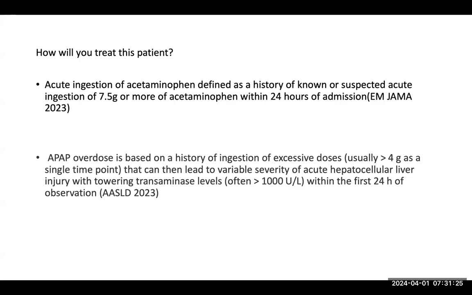In terms of the classification, when you say there's a significant acute overdose, you see a patient who has taken more than 10 times, in a 70 kg man, or greater than 75 milligrams per kg. Then also remember, we talked about how it is ingested.